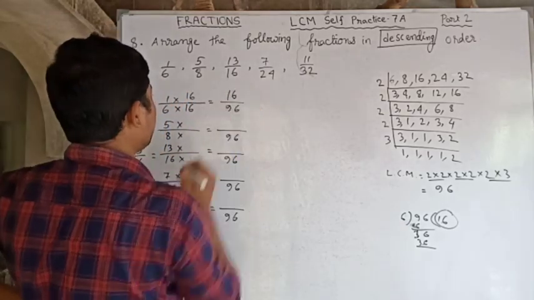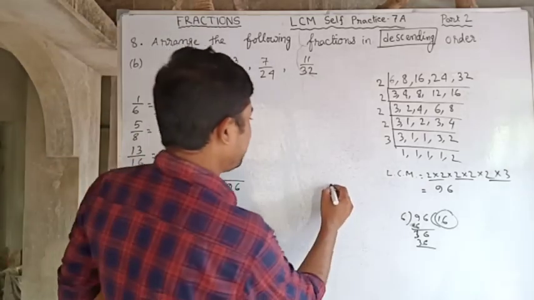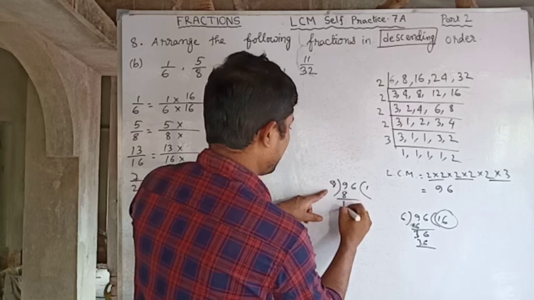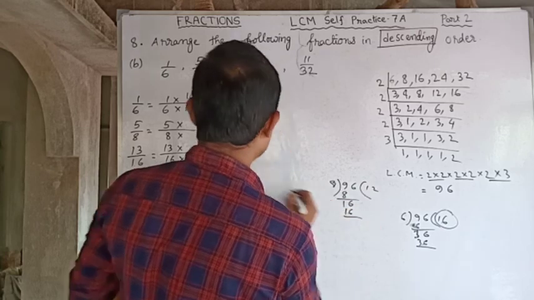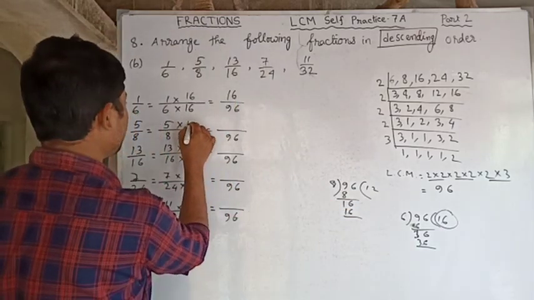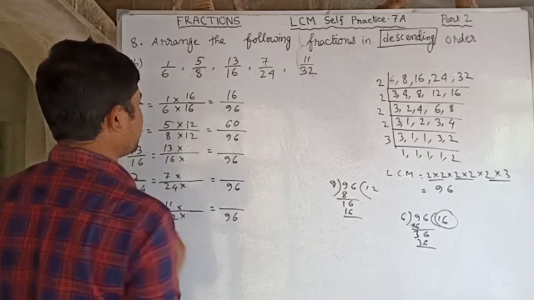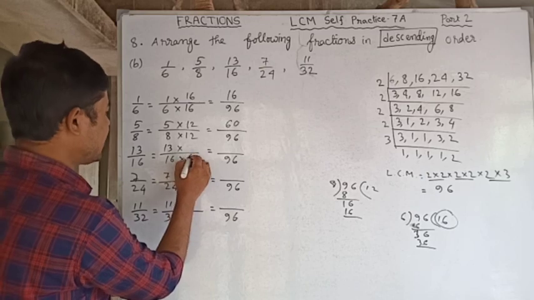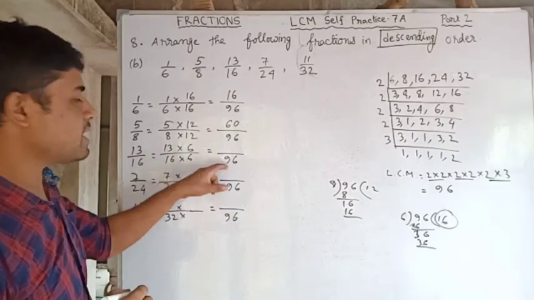So it will be 16/96. Now 8. By which number, 8 and 96, 8 times 12 is 96, that means 12. So by 12, it will be 60 over 96.